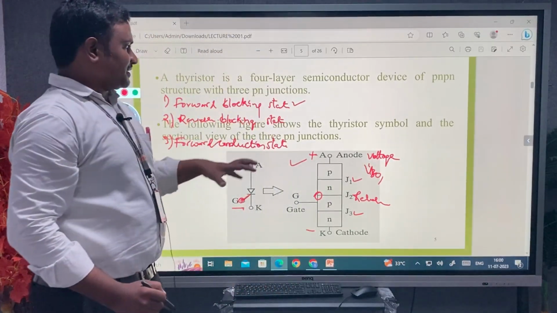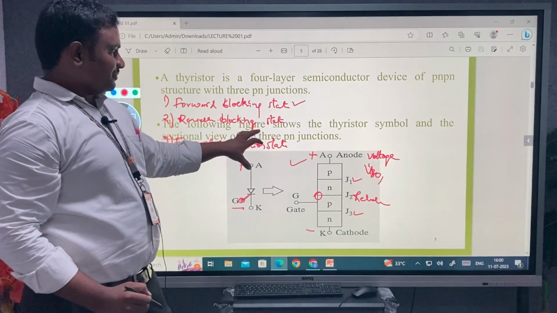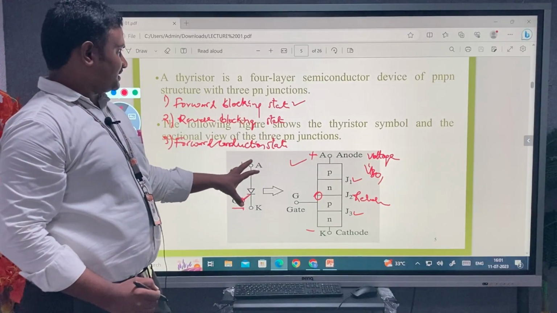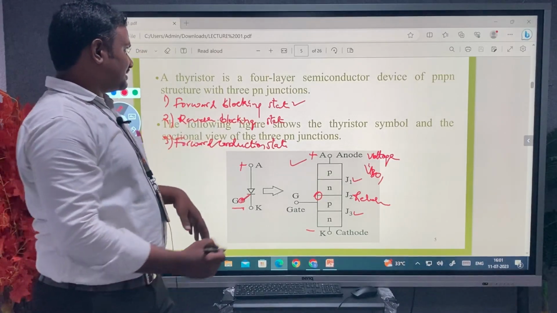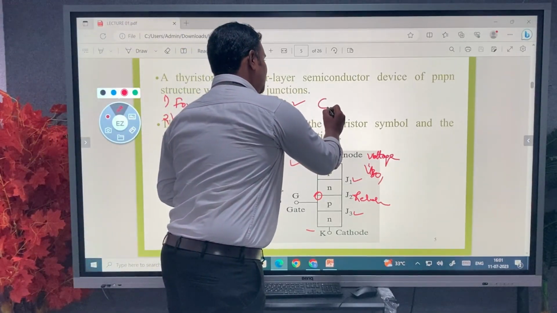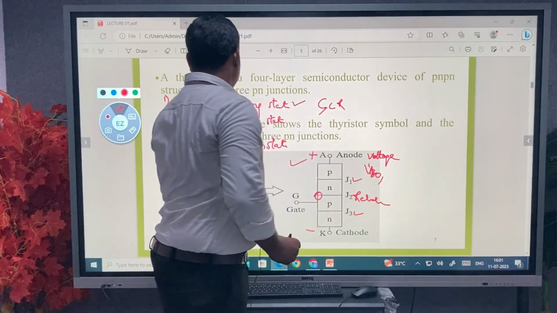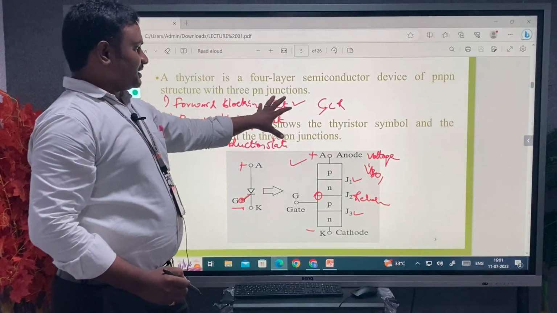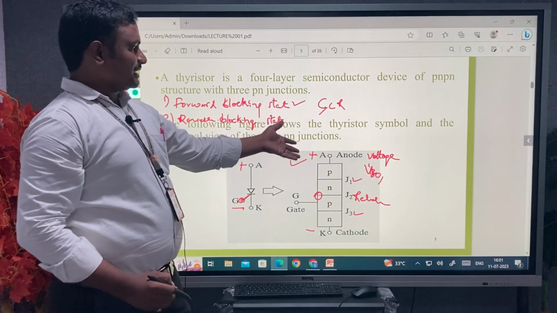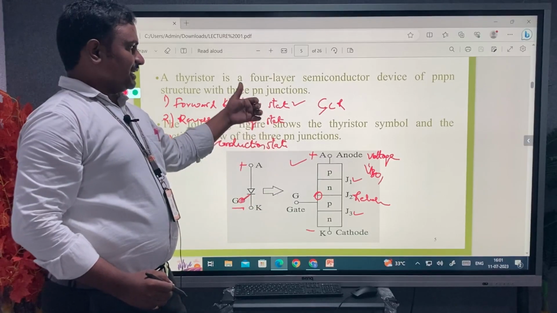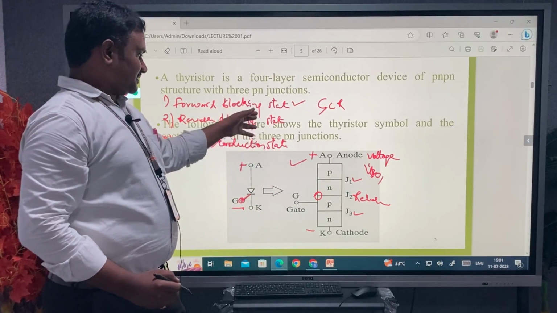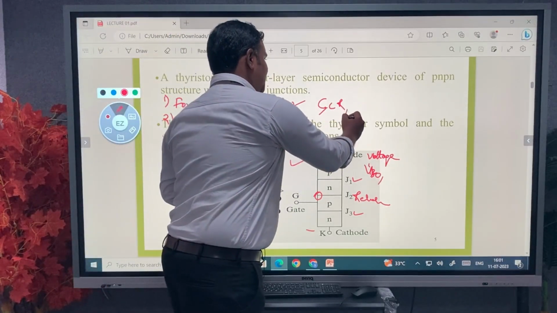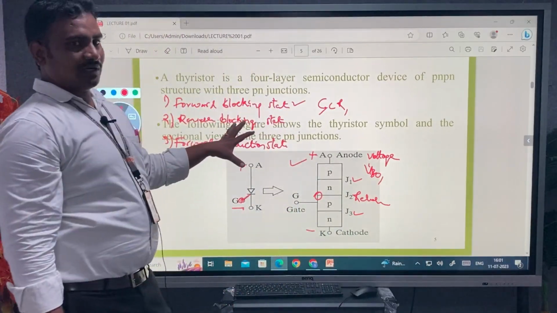That is one method to make the SCR go into conduction state. Until then, in the forward blocking state, there is no conduction. If you increase the voltage from anode to cathode, it will become conducting. But this is not a feasible method to turn the thyristor into the on state.